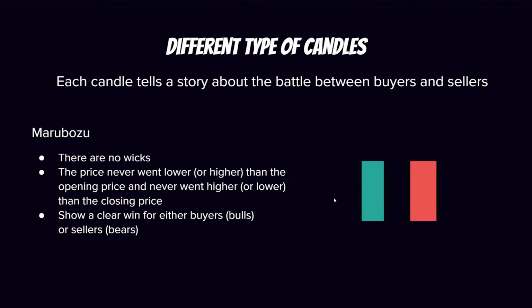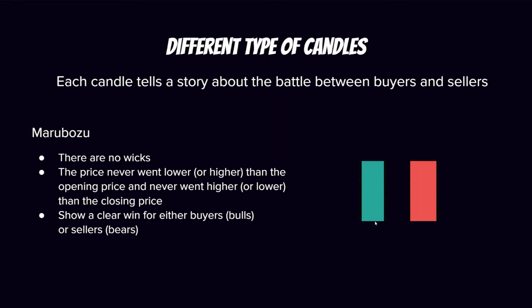The Marubozu is a similar candle, meaning that it gives the same information, so clearly it shows which party, the buyers or the sellers, were in control. But it's a candle that basically has only the body, there is no wick.